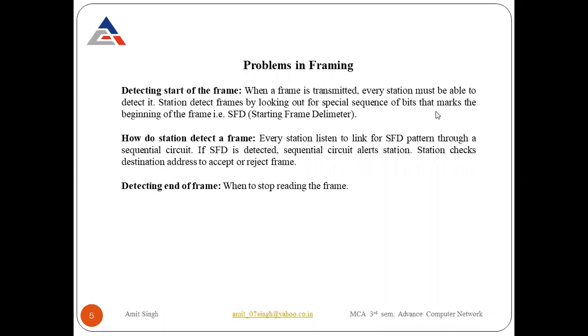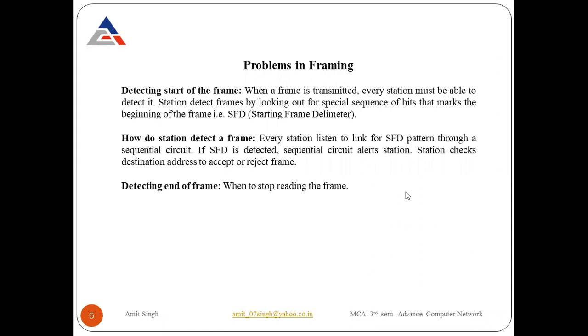The first problem in framing is that whenever a frame is sent from one machine, it is difficult for all the machines to find out the starting point of the frame. It's very difficult for everyone to find out the start of that frame, because only if the start of the frame is known can that particular machine receive that frame. So to overcome this problem, there are special bits that mark the beginning of the frame, and those bits are known as the start frame delimiter.